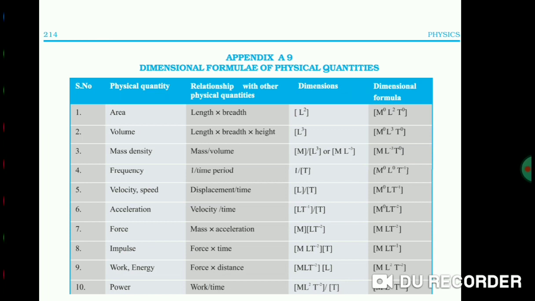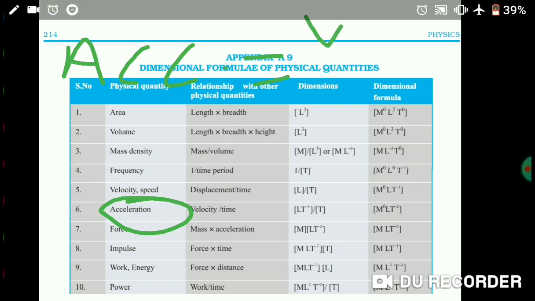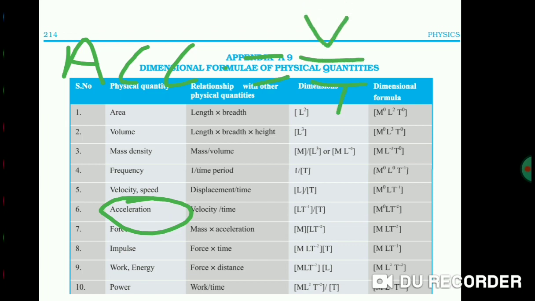Now, as we go to further dimensional formulas, we use these dimensional formulas directly to make the formulas of others, like acceleration. The general formula of acceleration is change in velocity by time interval. Change in velocity is still velocity, so acceleration is equal to velocity by time.